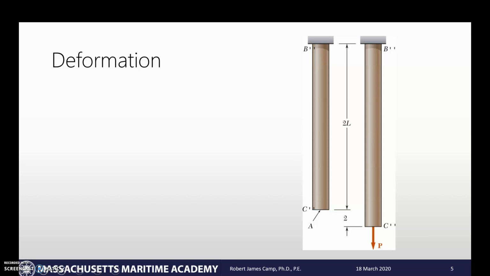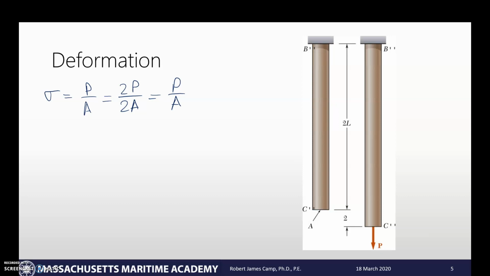If I look at these three situations, stress-wise anyway, stress in the first one is going to be load over the area. Stress in the second one is going to be twice the load over twice the area. The stress in this one, even though it deforms twice as much, is still the load over the area. So the entire point is it's the exact same amount of stress, even though the deformation's varying.